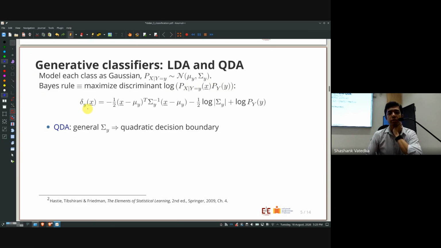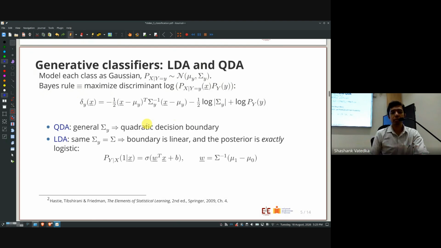You can simplify this to show that what you want to maximize is this particular quantity, depending on how you encode the assumptions on mu_y and sigma_y. So the goal, therefore, is given the data, to estimate mu_y and sigma_y. Okay. And once you've estimated mu_y and sigma_y for the different values of y, you plug that into Bayes rule, and given a particular input x, you find that y which maximizes this particular quantity.